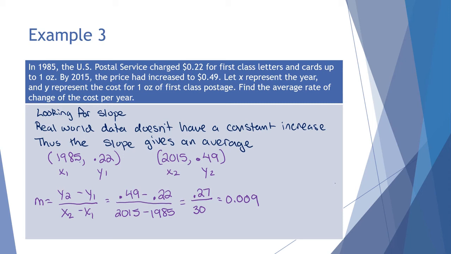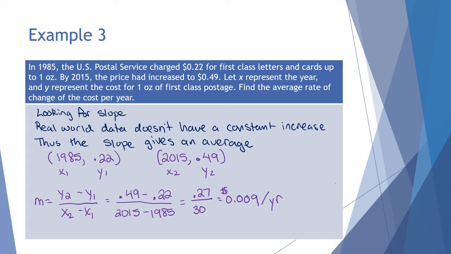On top is price, so this is dollars, and the division is basically per, so this is dollars per year. We can write this as $0.009 per year, and it's positive. So the price increases on average by barely a cent each year, which is really cheap, actually.